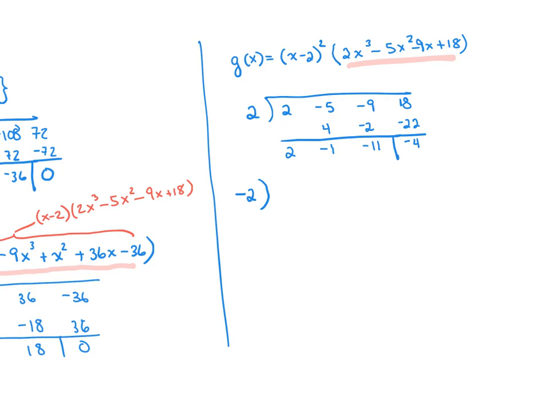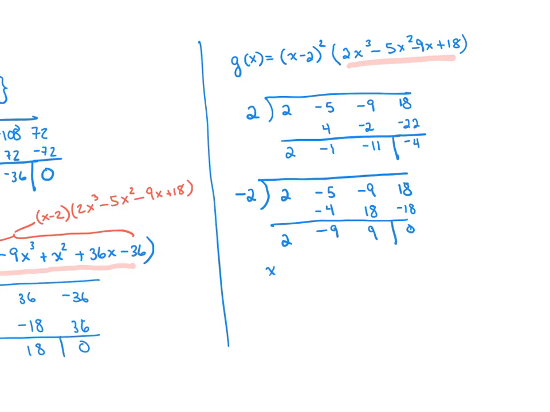Let's try it. So 2, negative 5, negative 9, positive 18. Bring down the 2. Multiply. Now, negative 2 times negative 9 is positive 18. Add, we get 9. Multiply, we get negative 18, which is 0.